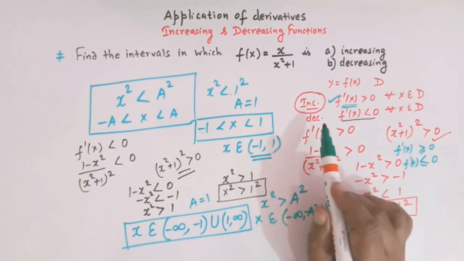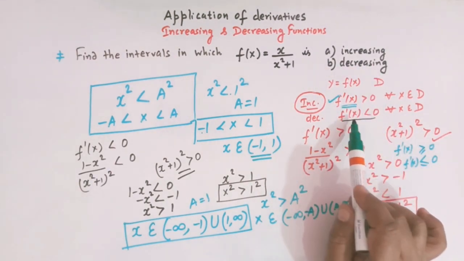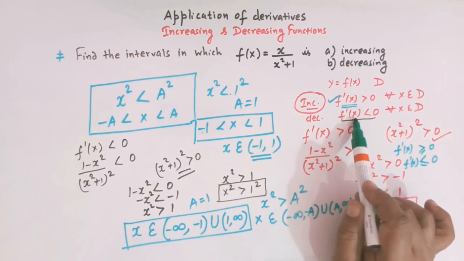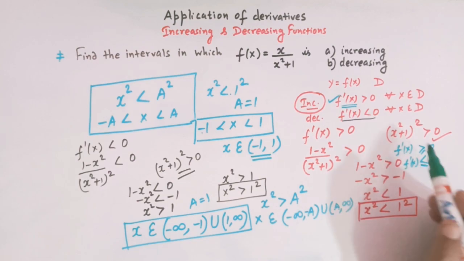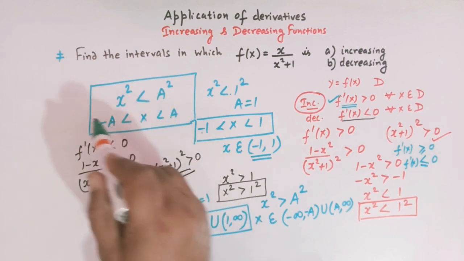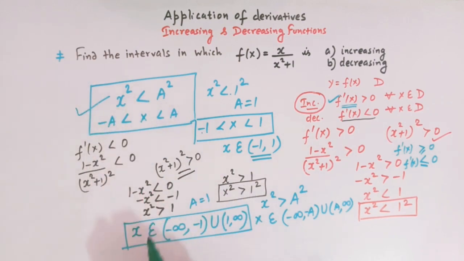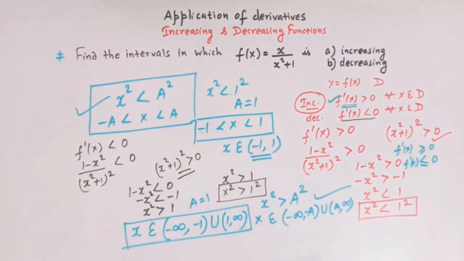And likewise we can say that f of x is strictly decreasing when f prime of x is less than 0, and when we incorporate this equality sign here, then we say that the function is simply decreasing, right? So viewers, by using this inequality and this one, we can easily solve this type of problems.